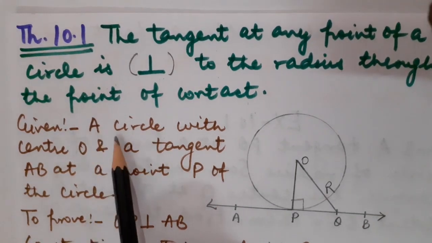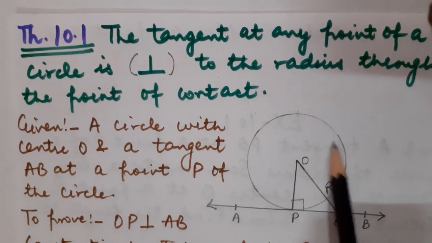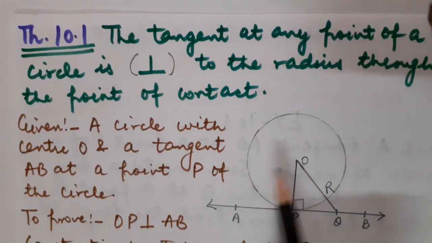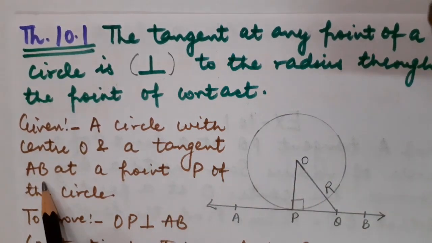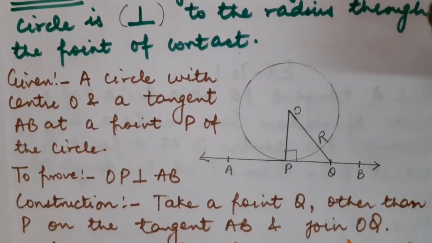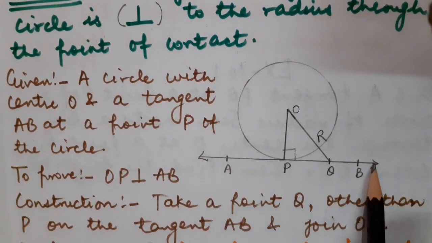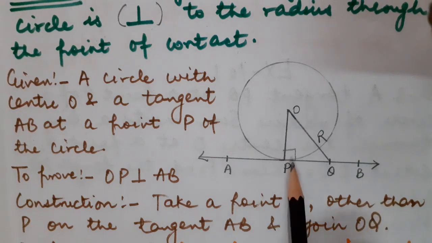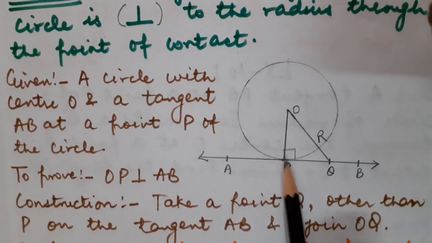What is given? A circle with the center O. Here you can see a circle with center O and a tangent AB at a point P of the circle. Here you can see that there is a line AB drawn. And where is this line going to intersect the circle? It is going to intersect the circle at point P. So what do we call this point P?